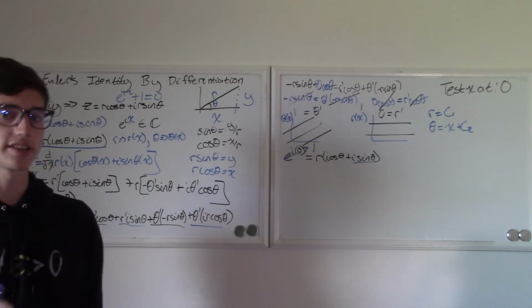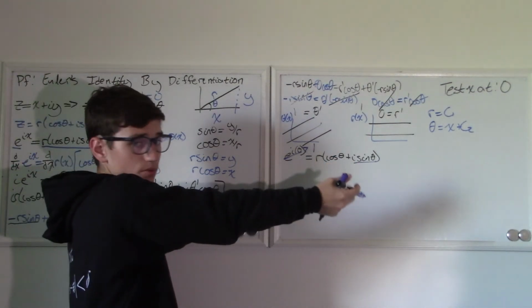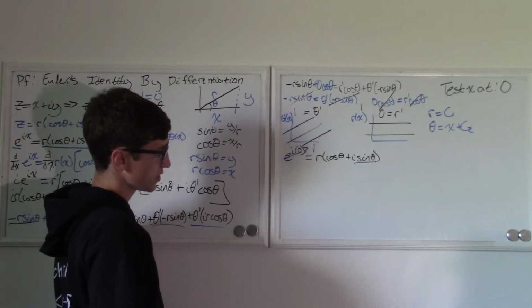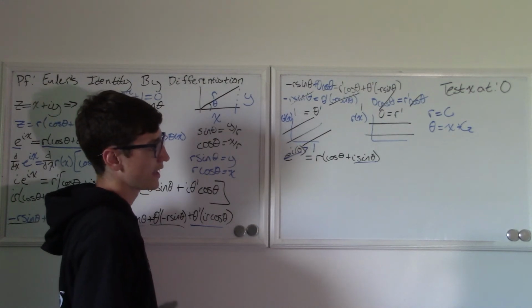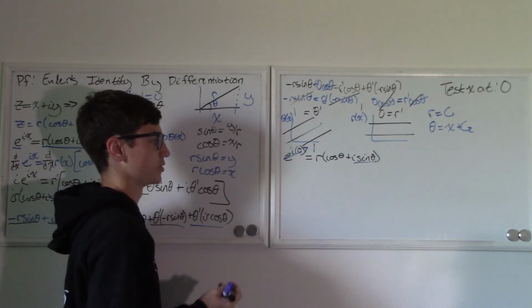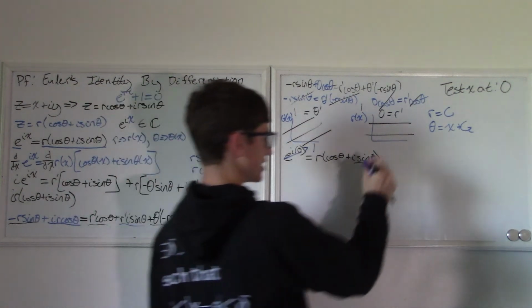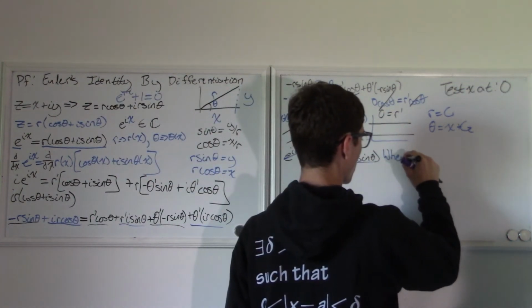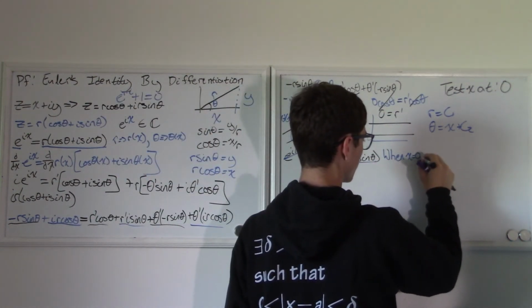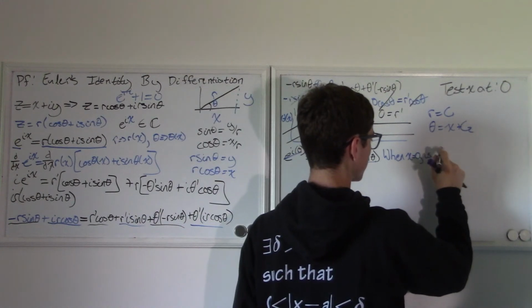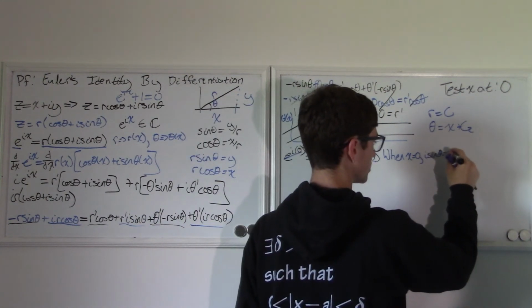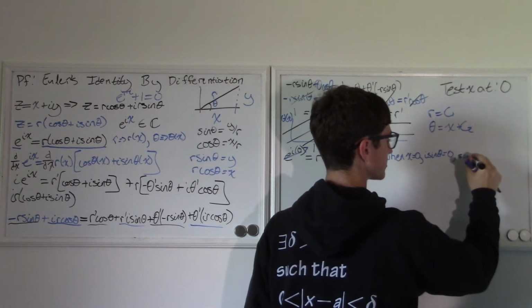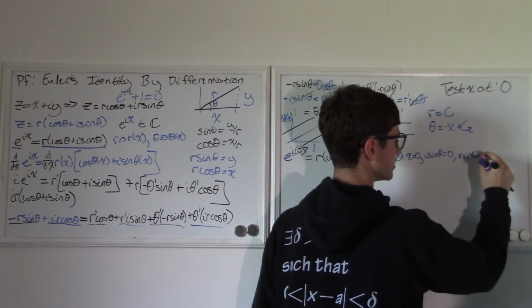So we need to get rid of that somehow, because if that has any value, then we're going to have an imaginary part, and they won't be equal to each other. So what we can say is when x is equal to 0, i sine theta is equal to 0, which means that sine theta is equal to 0.